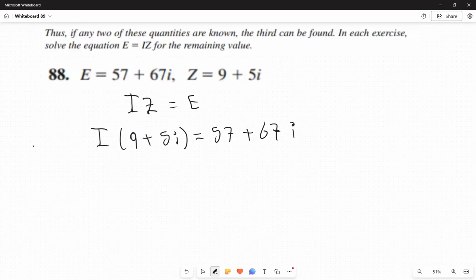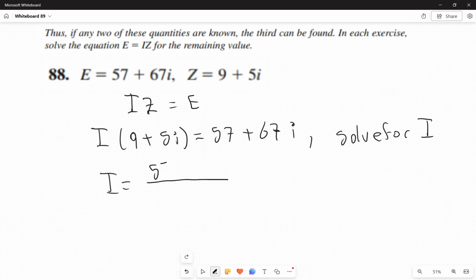We need to solve for big I, and I is 57 plus 67i over 9 plus 5i.